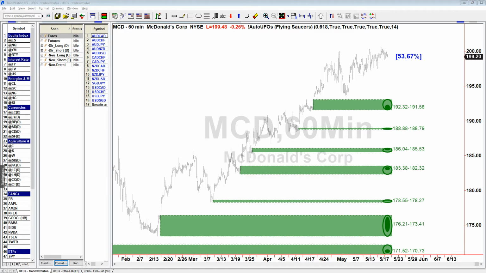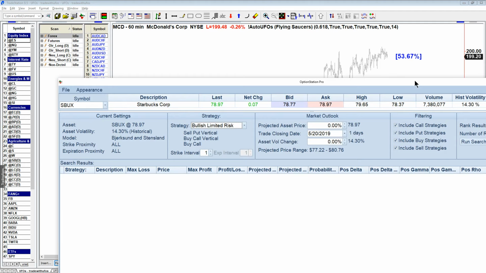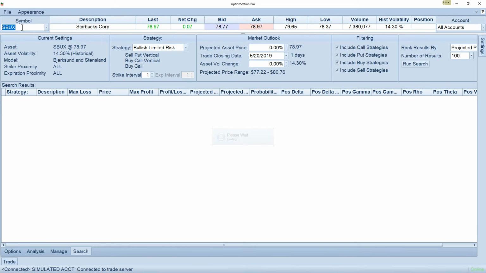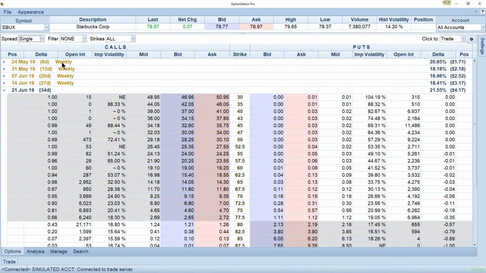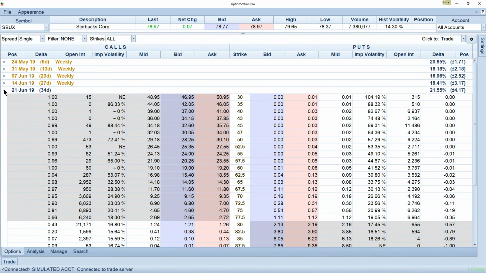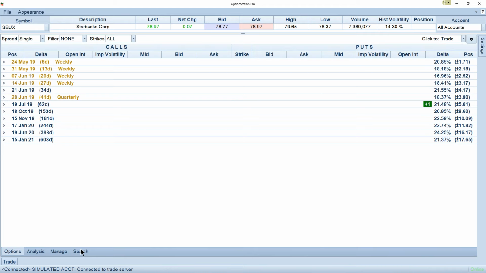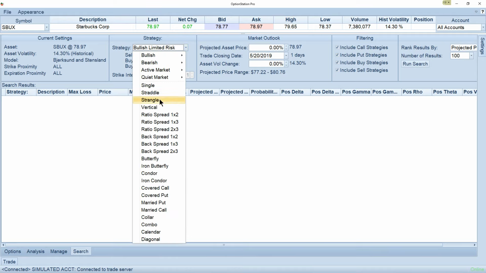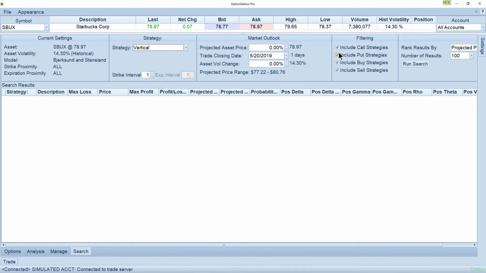What we're going to do is get option chains, for example Starbucks, and the moment you load Starbucks and you have the option chain, instead of applying rules manually, picking strikes manually and observing the option chain manually, which takes forever to plan an options trade, we're going to come in here in the search, and because of a certain rule, we are building a vertical. It's going to be a vertical with calls only.